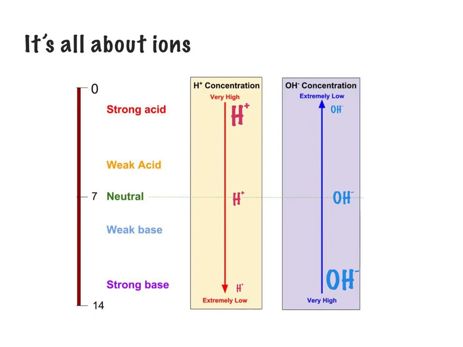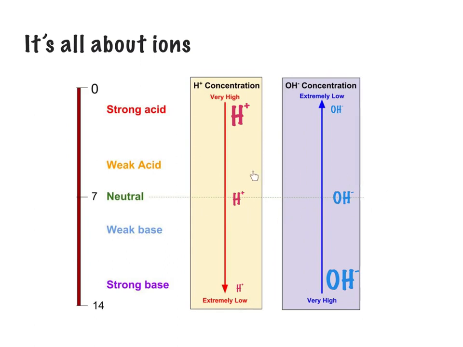Okay, they're always going to be there. It's just that we're talking about the amounts. Now in the very low pHs over here where it's strong acids, there are huge amounts of H pluses, but not much OH minuses. So the H pluses really overpower the OH minuses, and we have a strong acid.